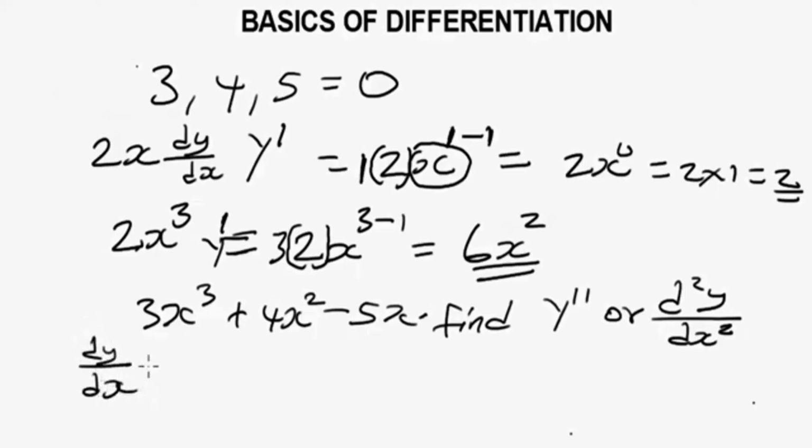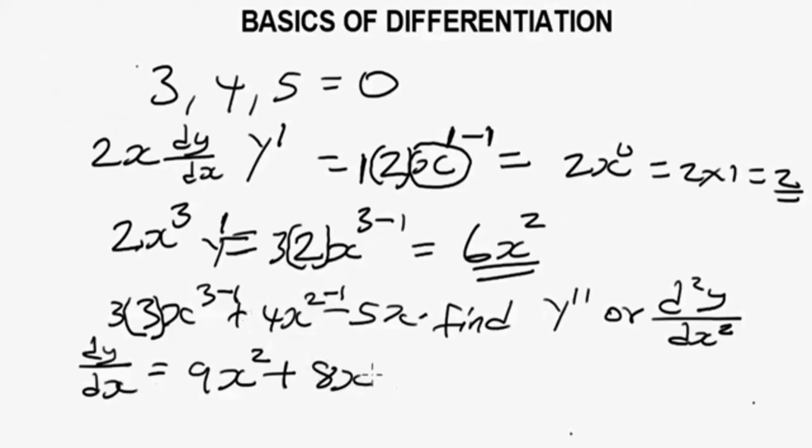dy over dx of this function will be, as usual, guys, 9x squared. Remember how I got 9: you must subtract 1 from this power, and at the same time this 3 comes and multiplies the 3 here. That's why I got this 9. 9x squared plus 8x: the 2 minus 1 gives the power 1, then the 2 comes and multiplies this 4, so there you have 8x.